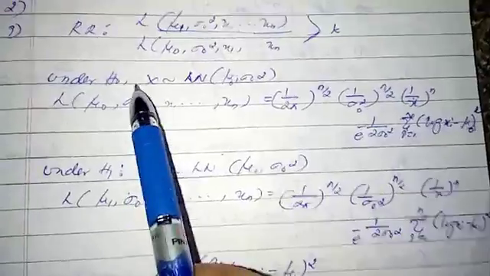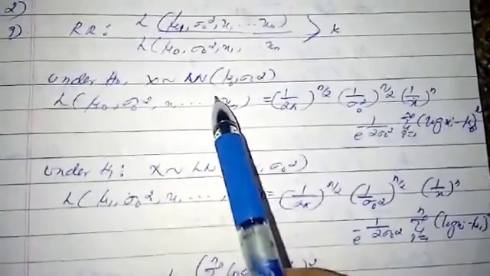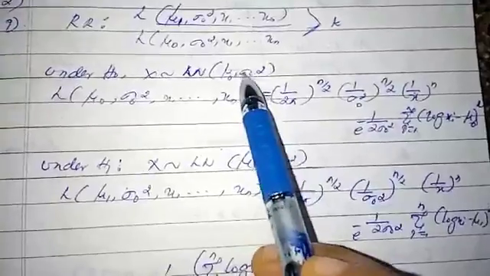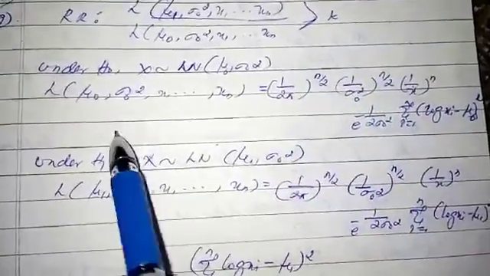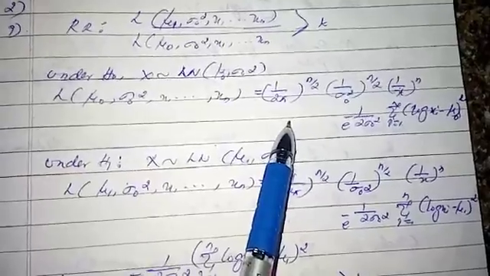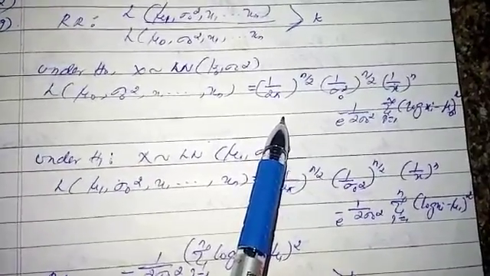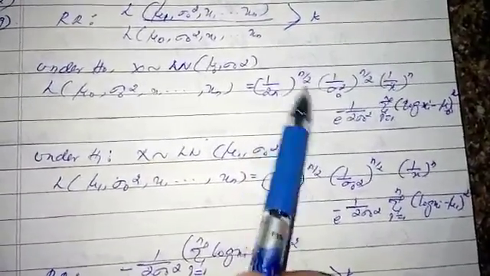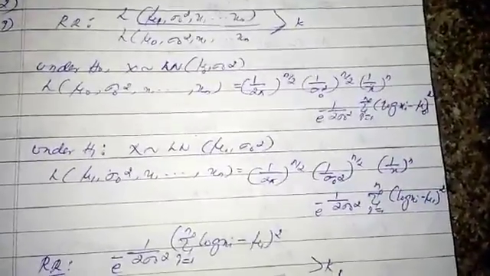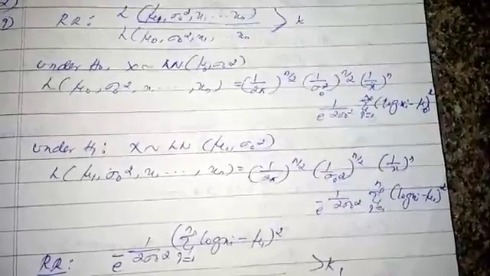Under H naught, x follows log normal with mean mu naught and variance sigma naught square, and this is the likelihood function under H0, and this is the likelihood under H1. Then we take the ratio of those likelihood functions.